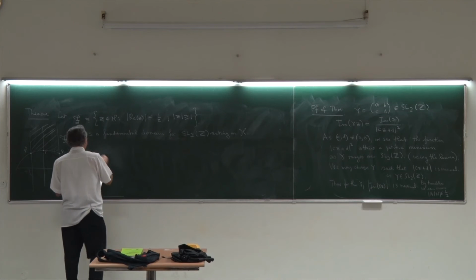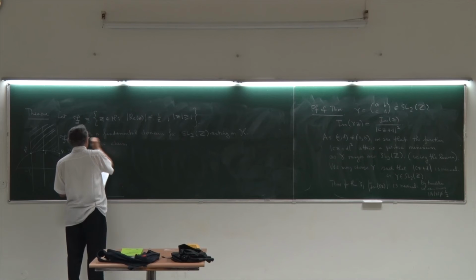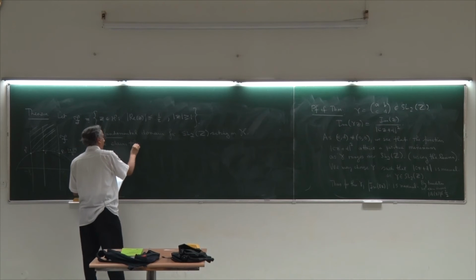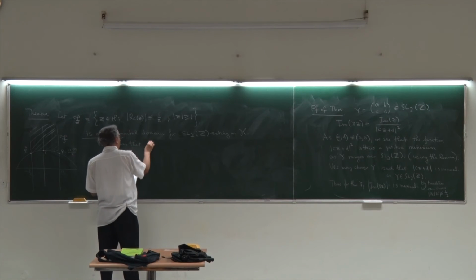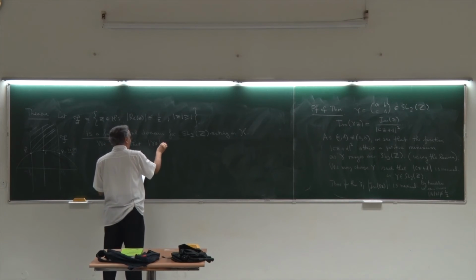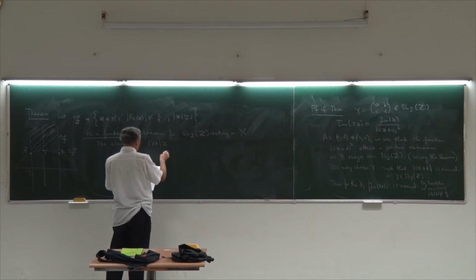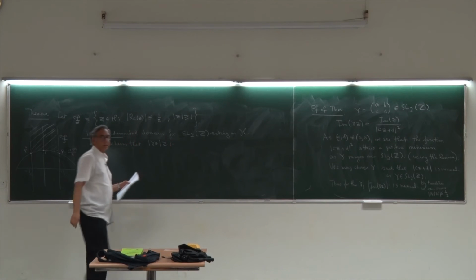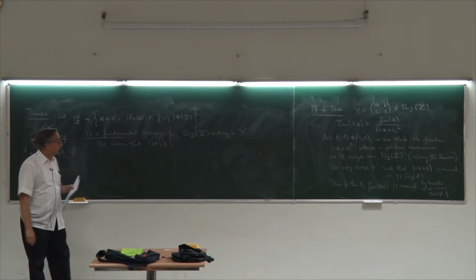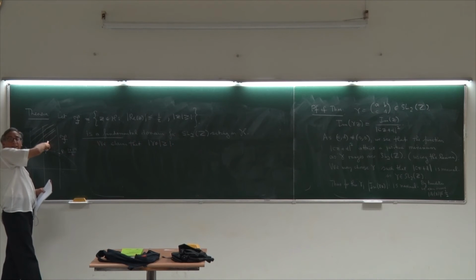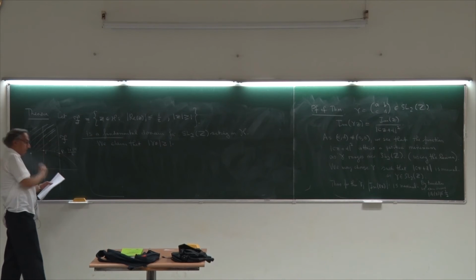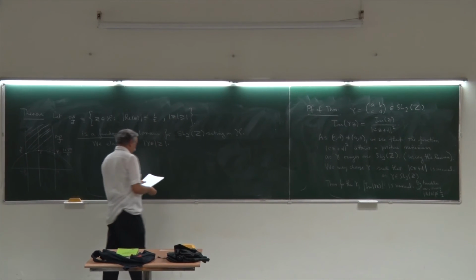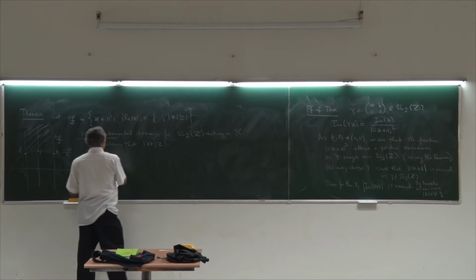Okay. So we claim that for this particular choice of gamma, gamma z has modulus bigger than or equal to 1. So that will put that point gamma z in here. So suppose not.